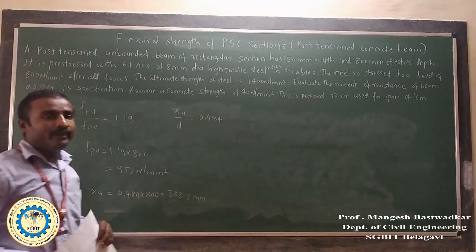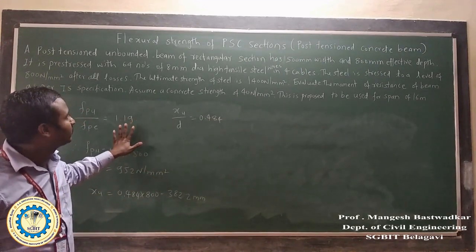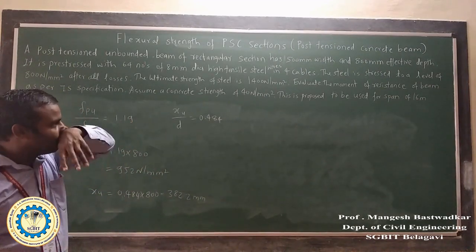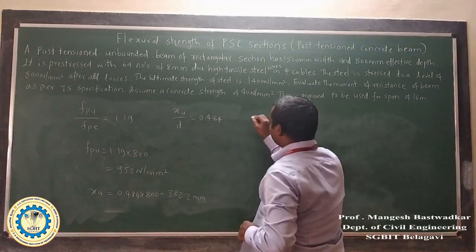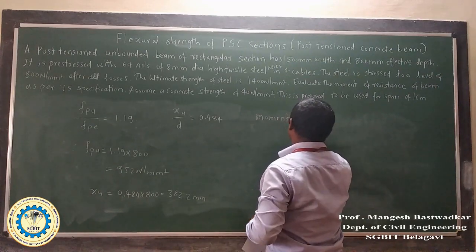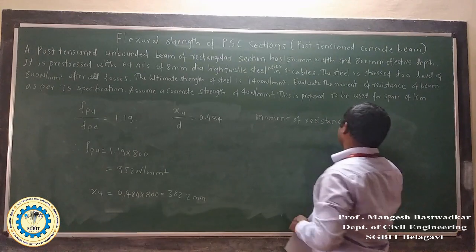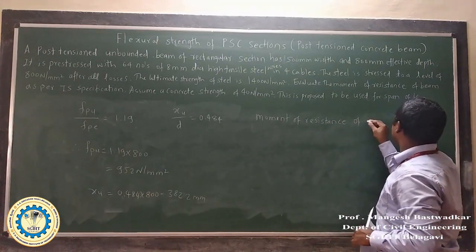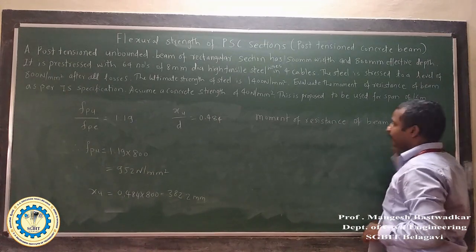So now we can calculate the ultimate moment capacity of this section, or moment of resistance of the beams. Okay, so moment of resistance of beam is MU.